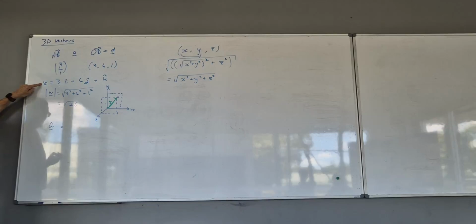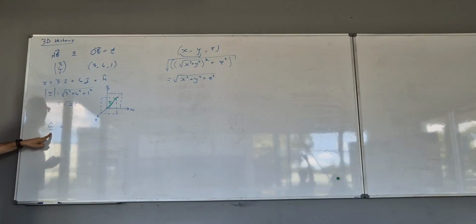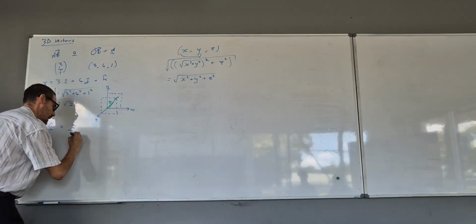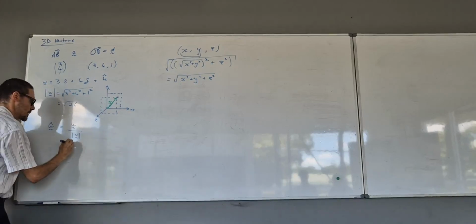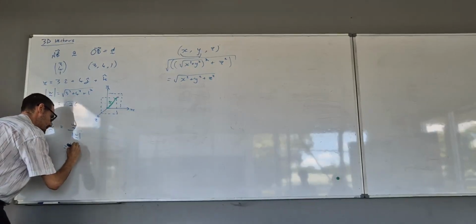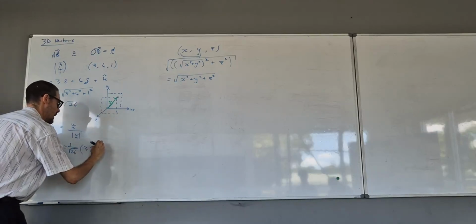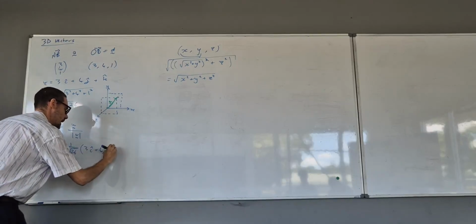That's just this. How do I get a unit vector? Anyone other than the other Ben? Ryan, remember? Don't you just put the coordinates over the magnitude? Uh-huh. It's just the vector divided by its length. So it's 1 over root 26 of 3i plus 4j plus k.